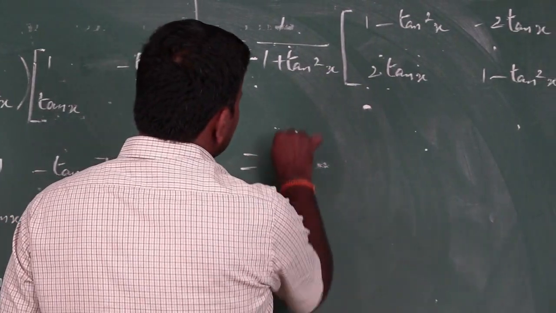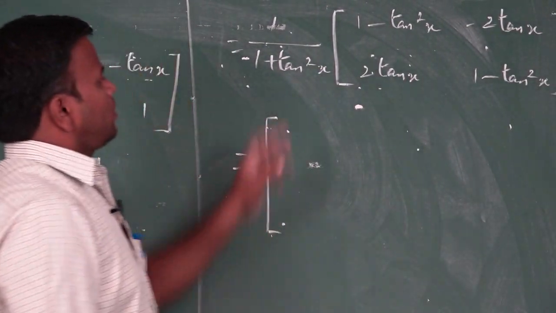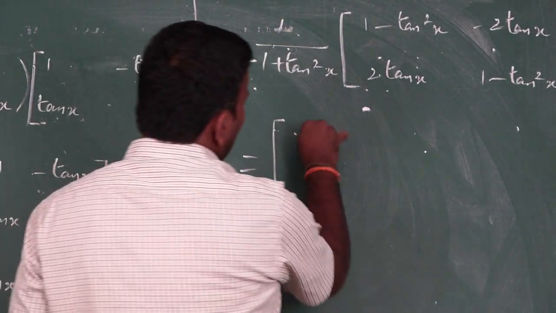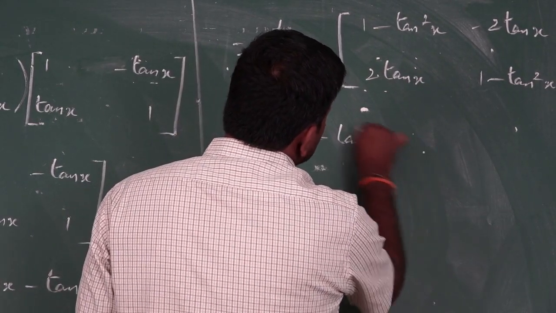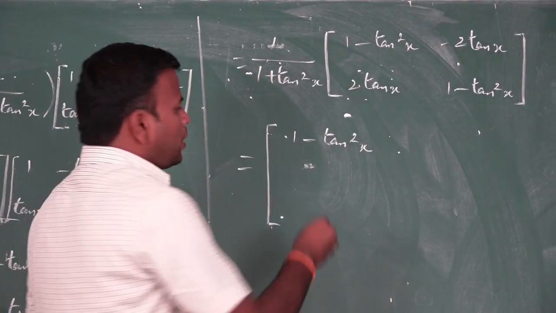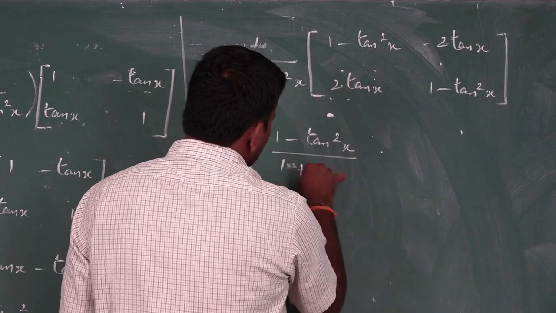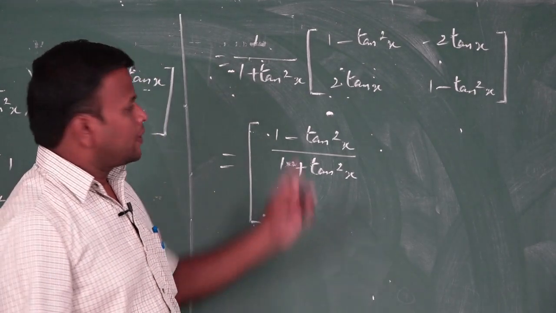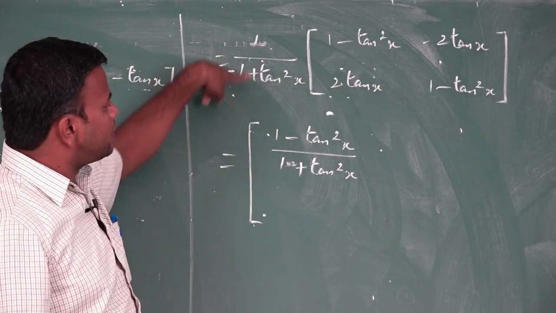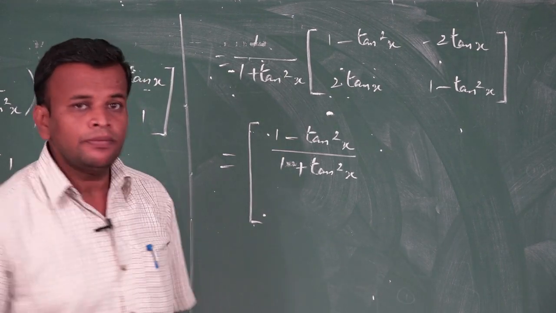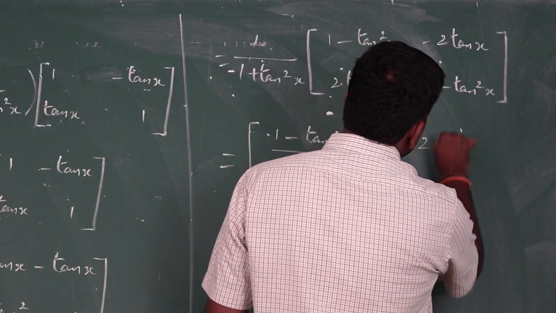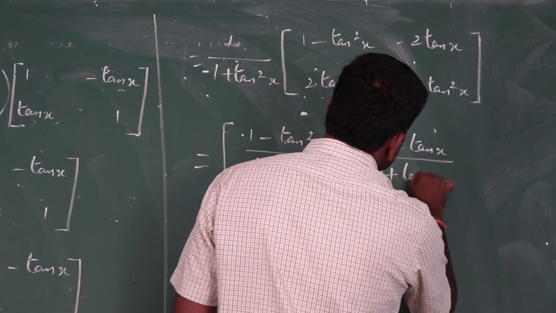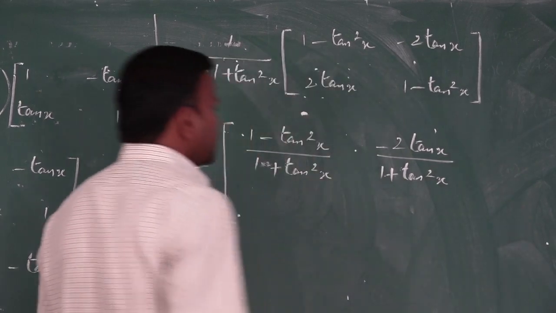So it becomes 1 divided by 1 plus tan square x into 1 minus tan square x, which is 1 minus tan square x divided by 1 plus tan square x. Next, minus 2 tan x is multiplied with 1 divided by 1 plus tan square x. It becomes minus 2 tan x divided by 1 plus tan square x.